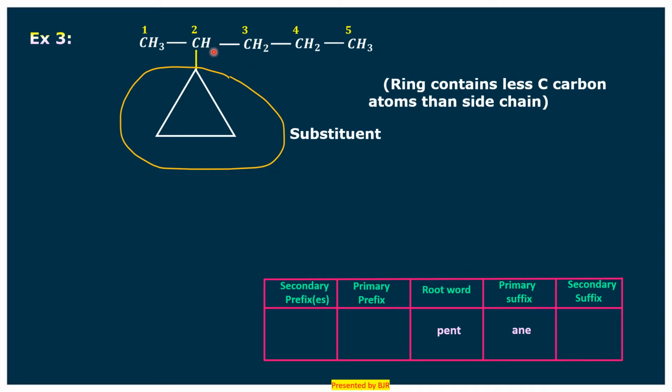Primary prefix, there is no primary prefix here. Why? Because the carbon atoms in the parent chain are not forming any ring here. And secondary prefix, you can see here, this is the ring which is attached to carbon 2, so cyclopropyl.